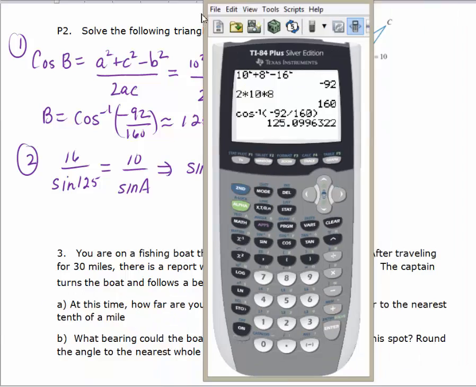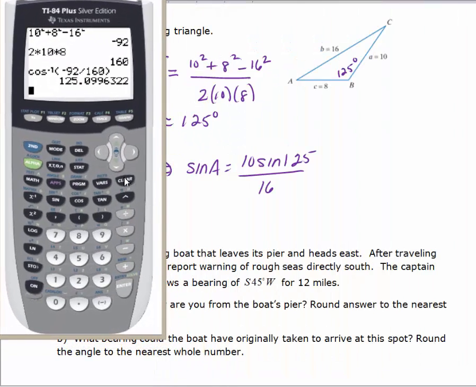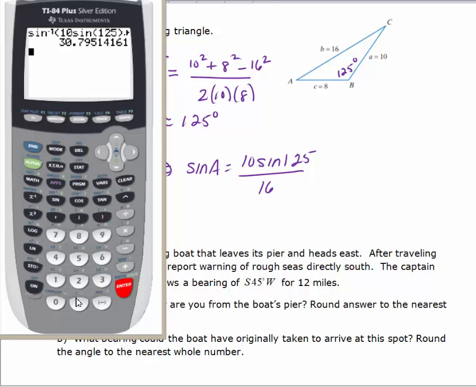We'll evaluate this on the calculator. So second sine 10 sine 125, close the parentheses, divided by 16, and then close parentheses again. I'll hit enter. And we're rounding angles to the nearest whole number, so angle A is approximately equal to 31.